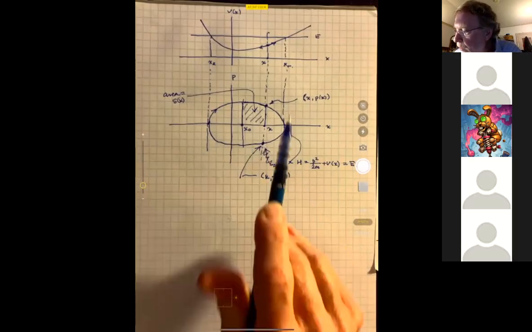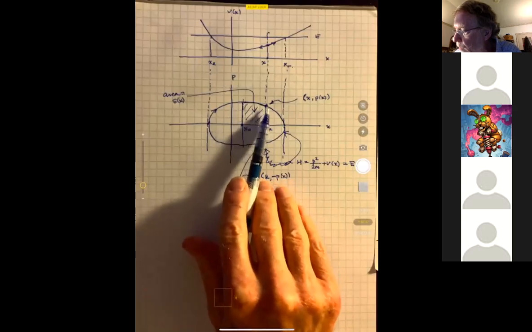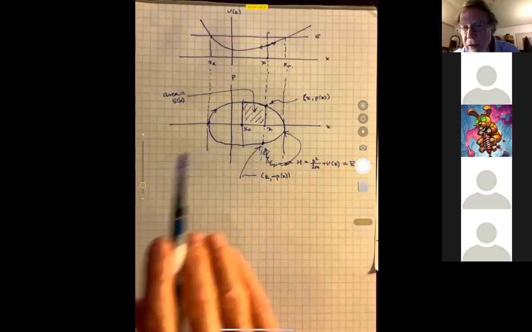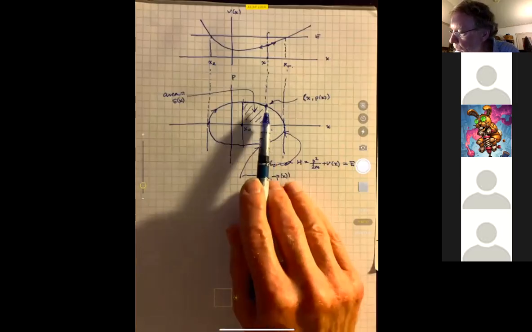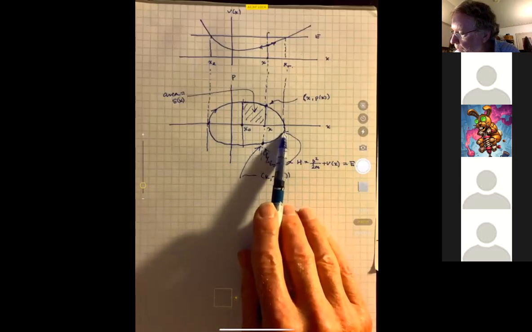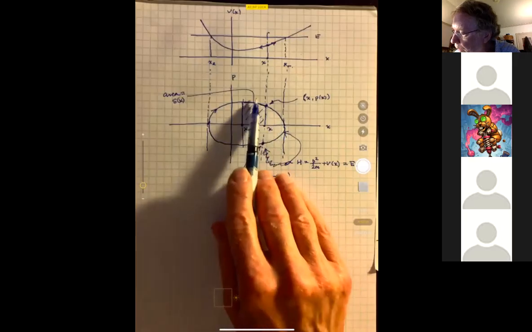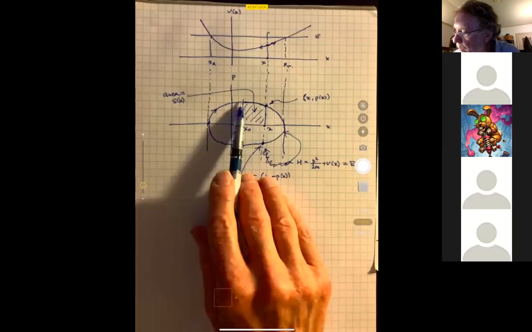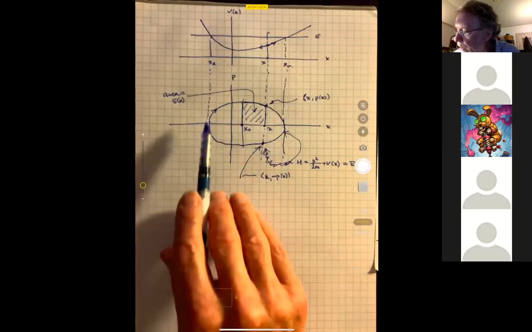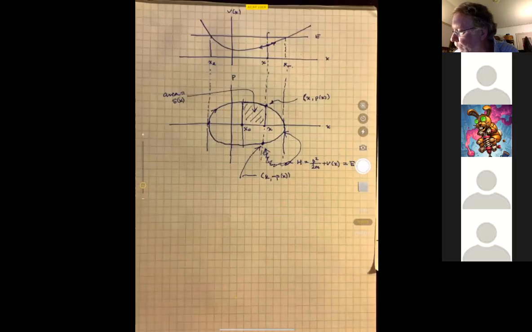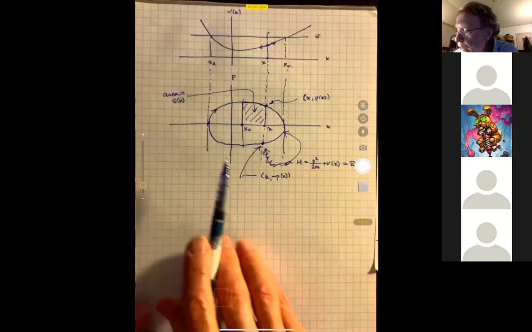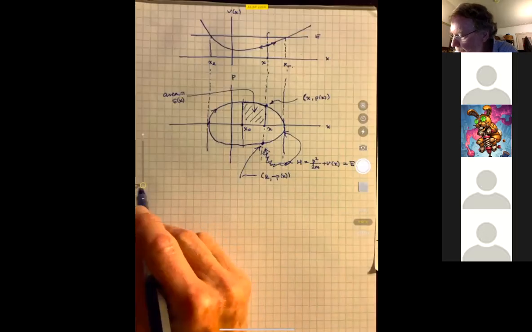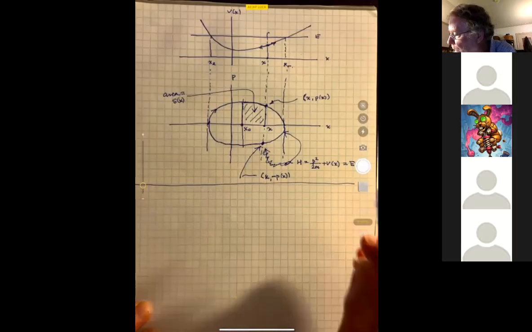So the phase of the wave function is increasing as the particle moves along this direction, and the increase is the area under the curve. When the particle passes through the turning point and comes back down the negative side, the area continues to increase and goes all the way around until it comes back to its starting point, and then the total area is actually the area of the orbit itself. Well, all right. Anyway, this gives you an interpretation of these functions p of x and S of x in this 1D problem.